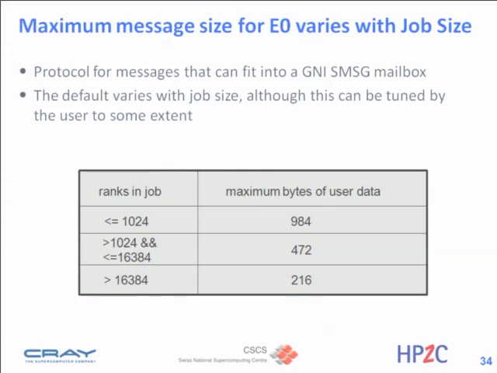MPI rank, in MPI parlance, is the MPI way of saying an MPI task. Okay, it's not very meaningful to me, but that's how it works. So depending on how many MPI ranks are in your job, the threshold of the message protocol varies. You need to know this if you want to fine-tune your application.